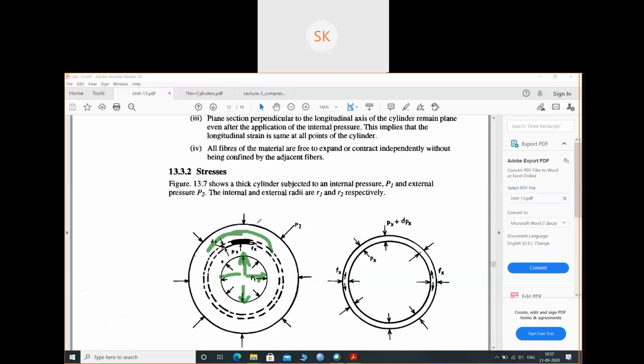The relation between this bursting force and the hoop stress is described by Lami's theorem. Getting my point?